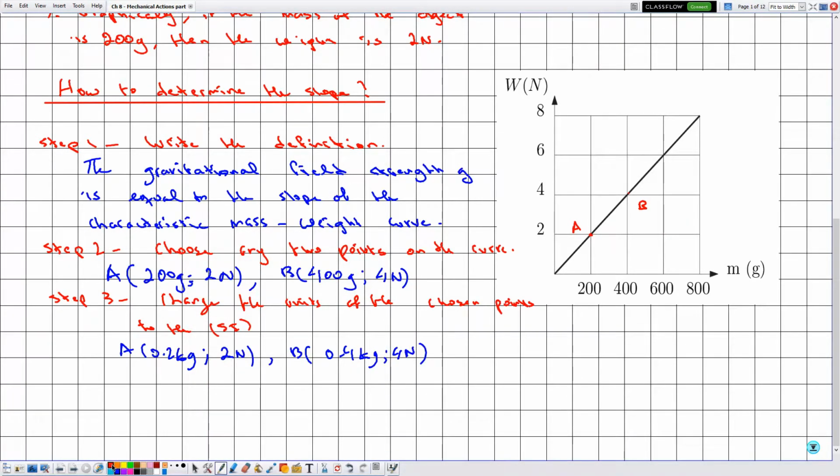And now we are ready to calculate the slope, which represents the gravitational field strength, according to the following formula. Calculate the gravitational field strength using the formula.